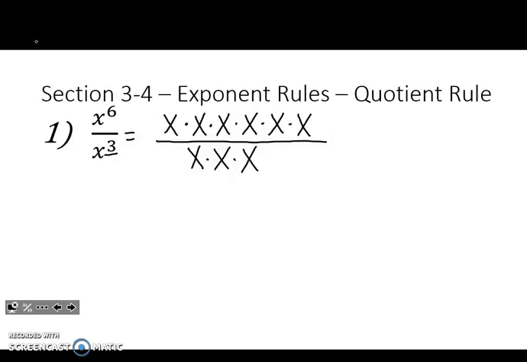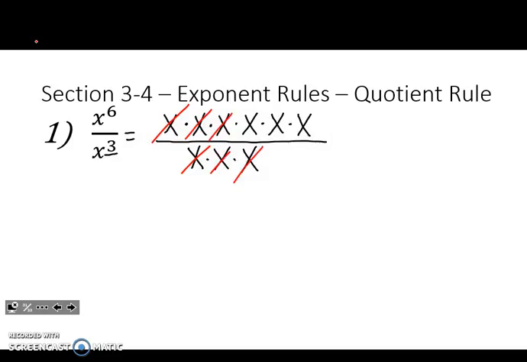So if you recall from a few years ago, if there's anything on the top and the bottom that is the same, we can cross cancel. So since there's x's on the top and x's on the bottom, we can cross cancel out as many that match. What I mean by that is if I take one x away on the top, I can take one x away on the bottom. So we're going to cancel out as many as we can, okay?